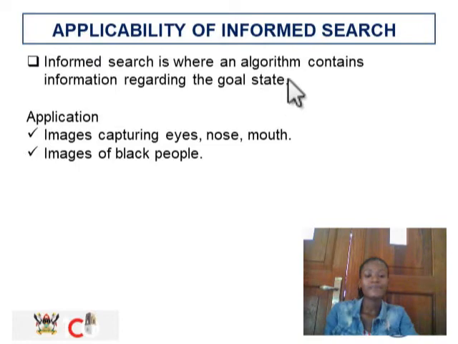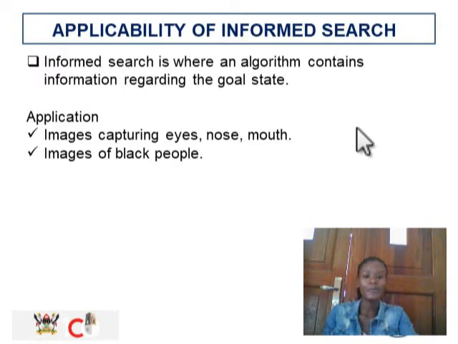So in our project, take an instance: you use an algorithm that is very specific, where you well know what it's going to do. Assuming you're writing an algorithm that captures images, mainly the eyes, nose, mouth, the eyelids of someone, you know the information regarding the goal set.